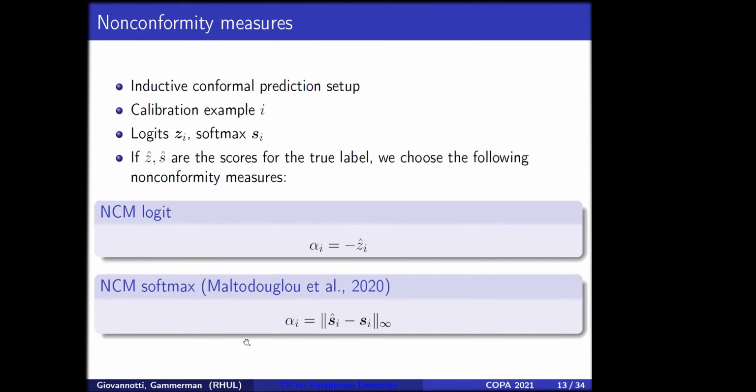It's a very simple one. And we will compare it with the one introduced by Maltoduglu and others last year, which is based on softmax. This is the L infinity norm of the difference between the softmax for the true label and the other labels. And we will see if this simpler version performs better, worse, or the same.